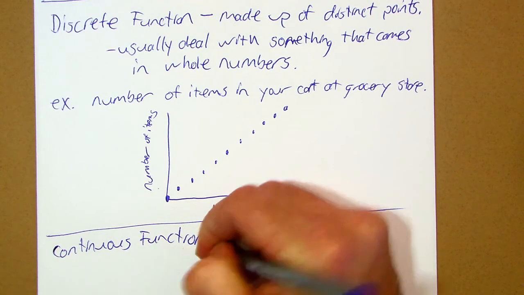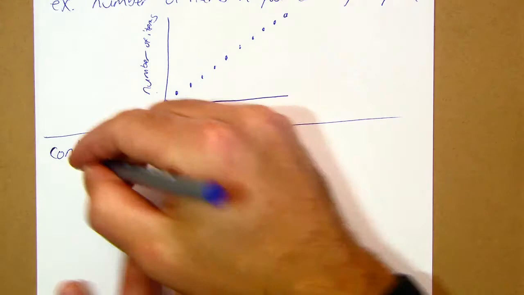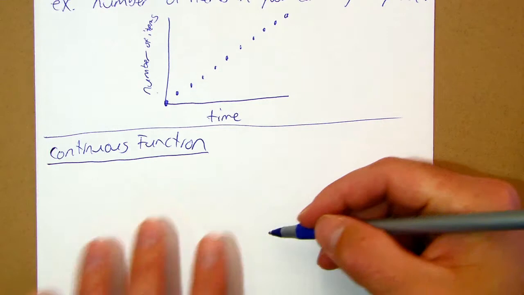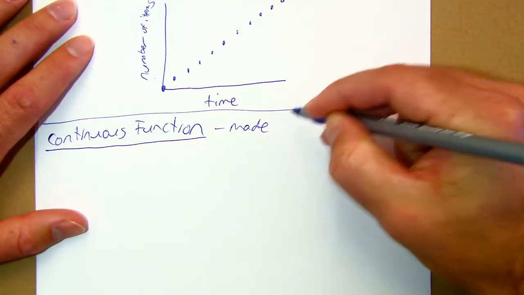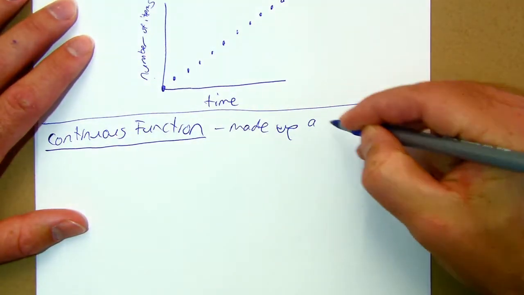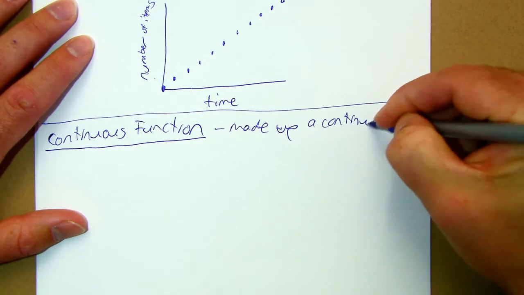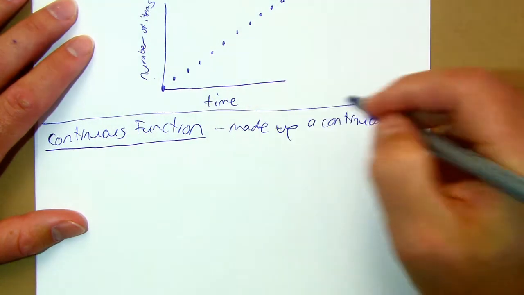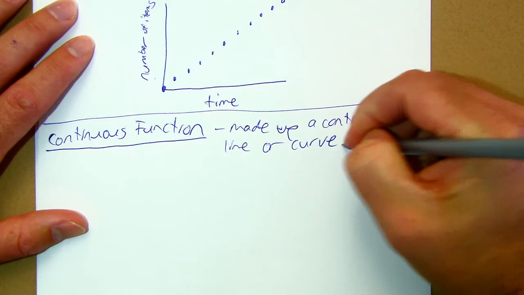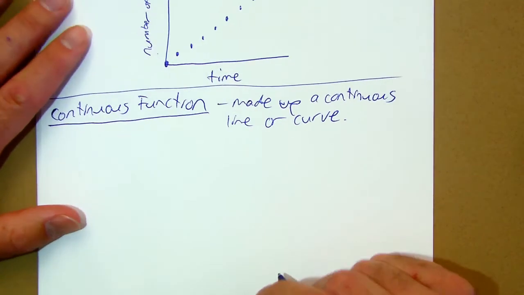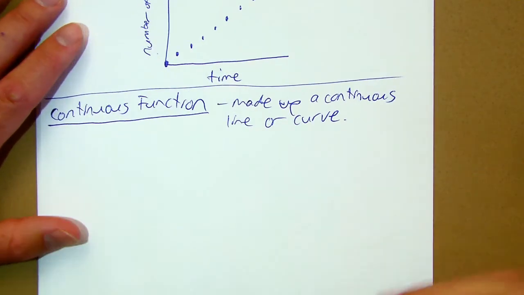And then the other type is a continuous function. All right, and that is made up of a continuous line or curve. All right, and this usually deals with when you can have decimals.